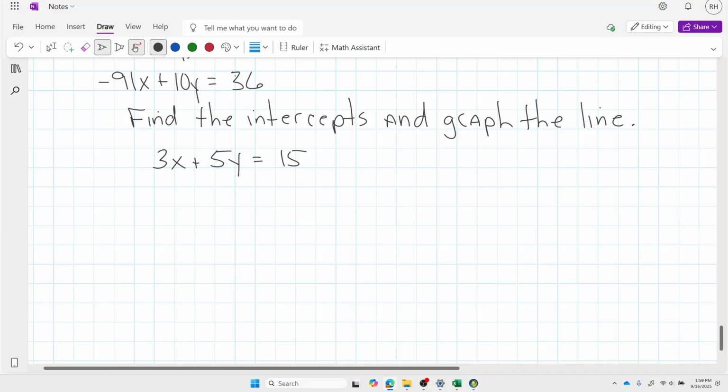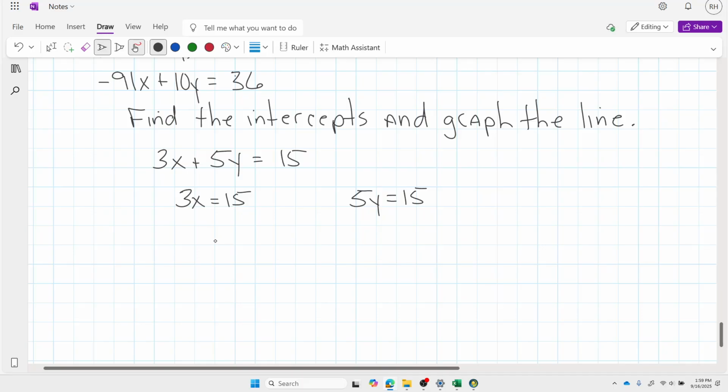And you do that by writing two equations. You write one equation and you delete the 5y, or you delete whatever's with the y. So one equation is 3x equals 15. What we're really doing is we're making y equal to 0. And then you do the same thing making x equal to 0. So that would be 5y equals 15.